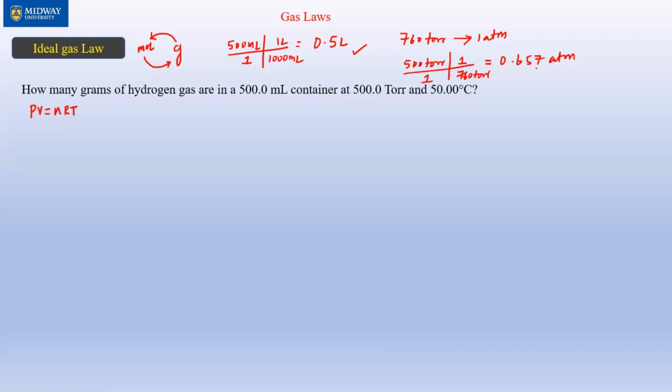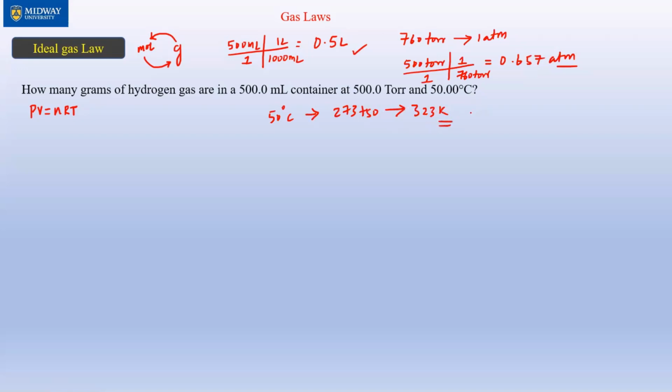So the pressure is in the correct unit, and volume is in the correct unit. Finally, temperature, 50 degrees Celsius, means we have to add 273 plus 50, which is 323 Kelvin. All right, very good.